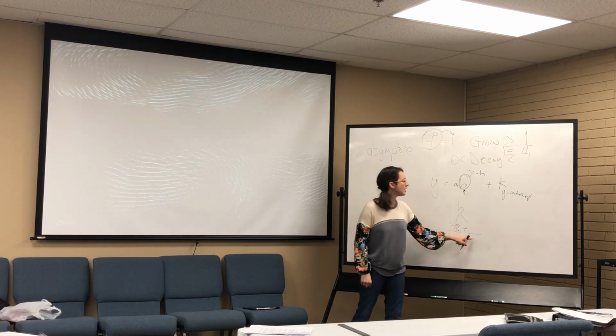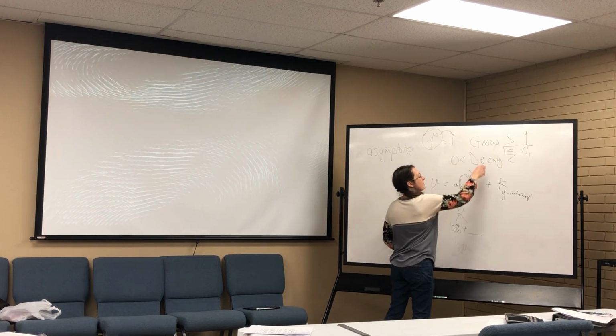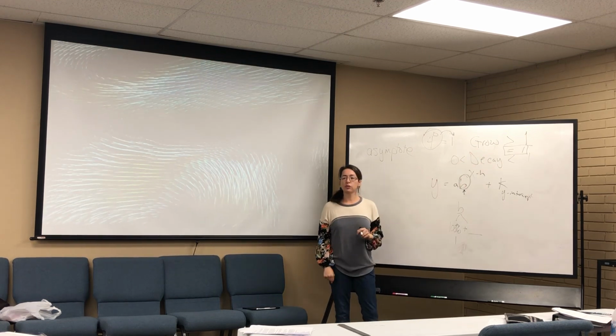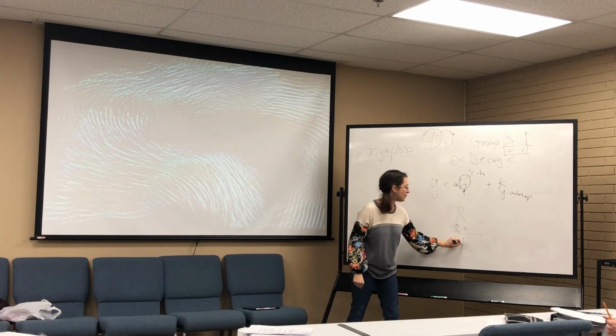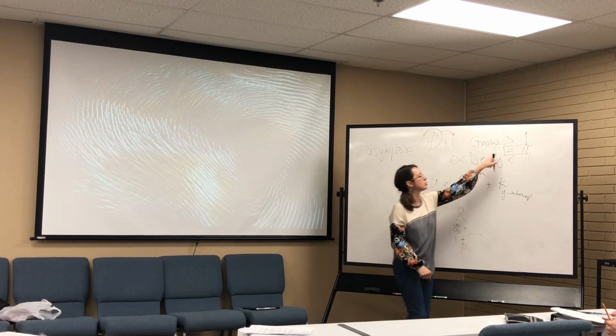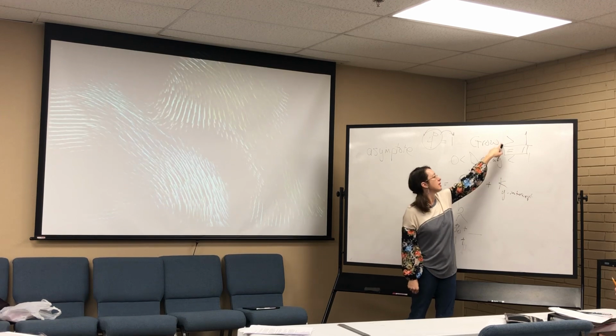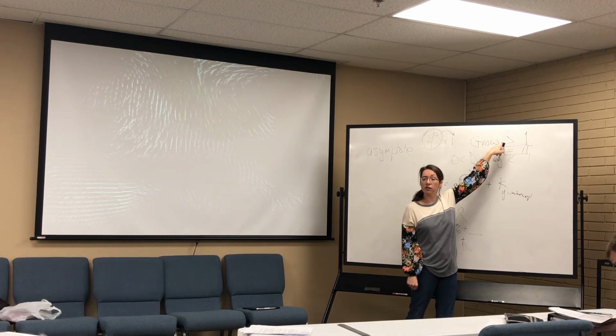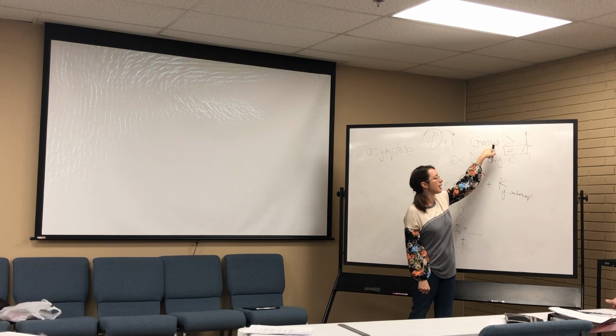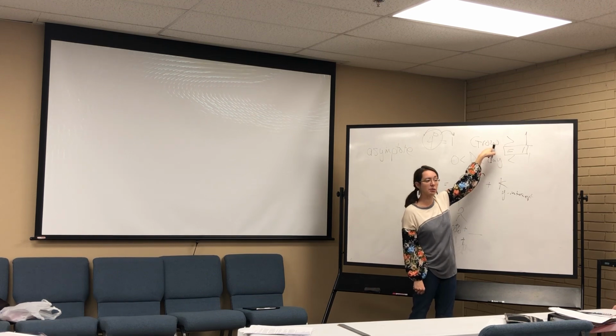If I start adding something to it, where does that fall in my growth or decay? If I'm adding something to my number 1, so I'm starting at 1 and I'm adding it, it's going to make it greater than 1. So now all of a sudden I have growth when I'm adding something to it.